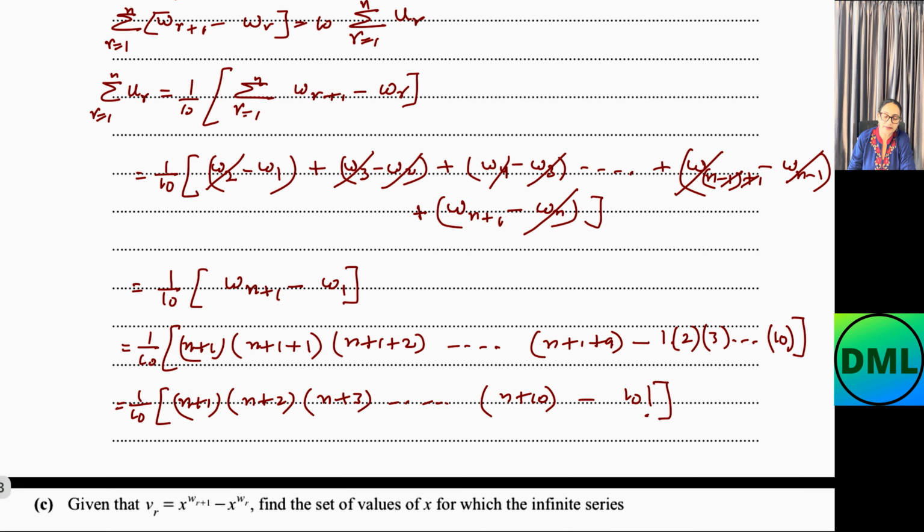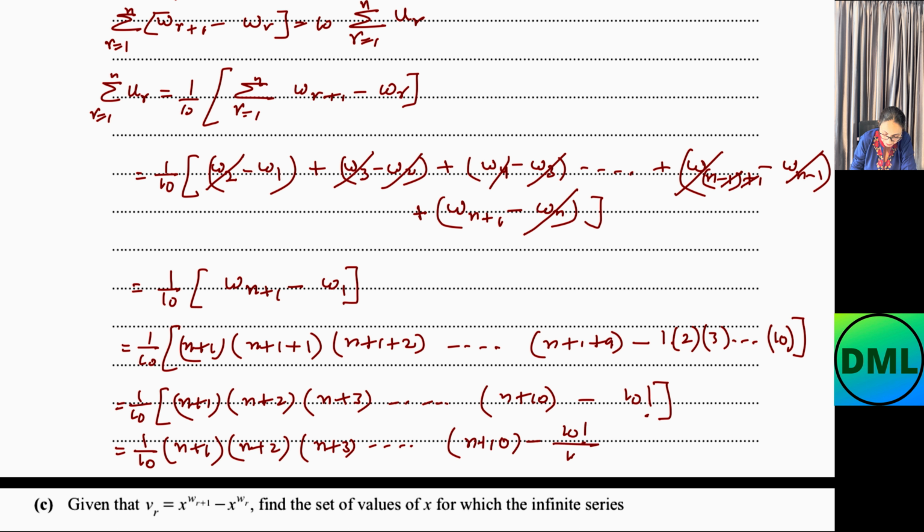Let's multiply the 10 inside the bracket here. That will be written as 1 over 10 times (n plus 1)(n plus 2)(n plus 3), and so on till (n plus 10), minus factorial 10 divided by 10. Factorial 10 will be written as 10 multiplied by factorial 9.